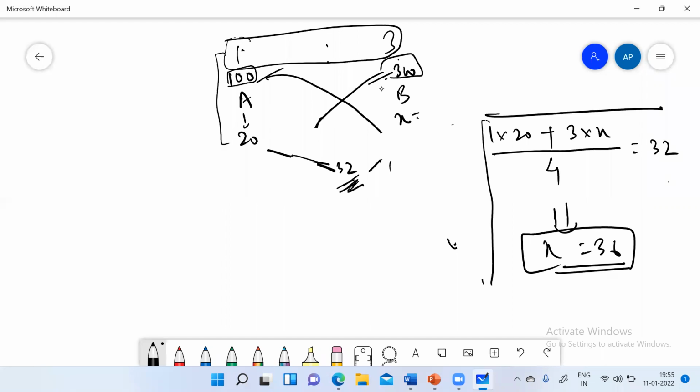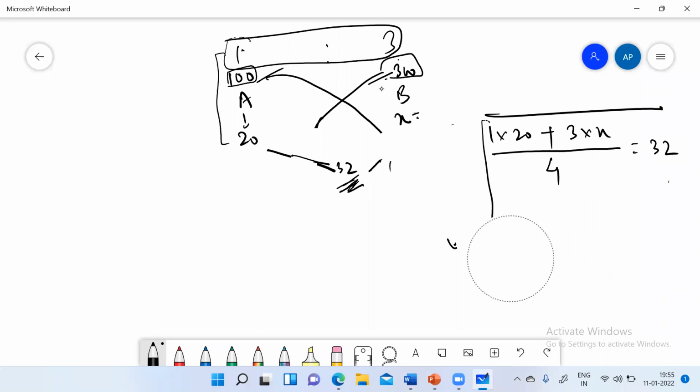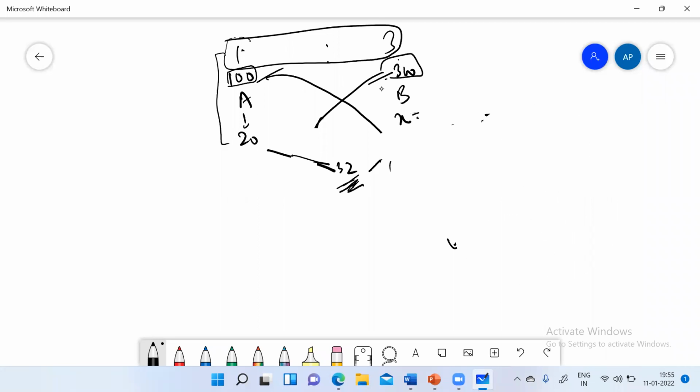But since we know for group average, the average always lies between the averages of the two groups, and it divides the gap between the two groups in such a way that the ratio of gap division is equal to the ratio of individual numbers. Of course, it gets reversed also.